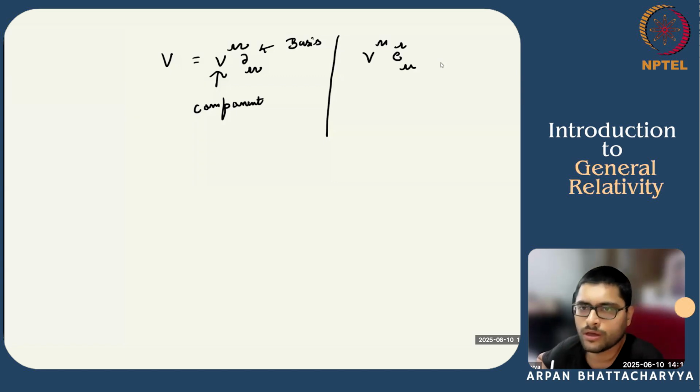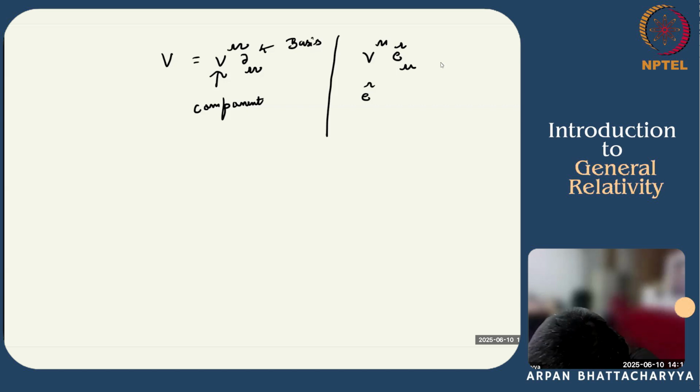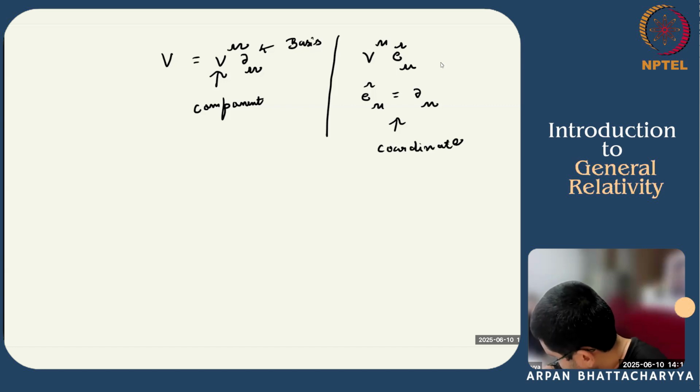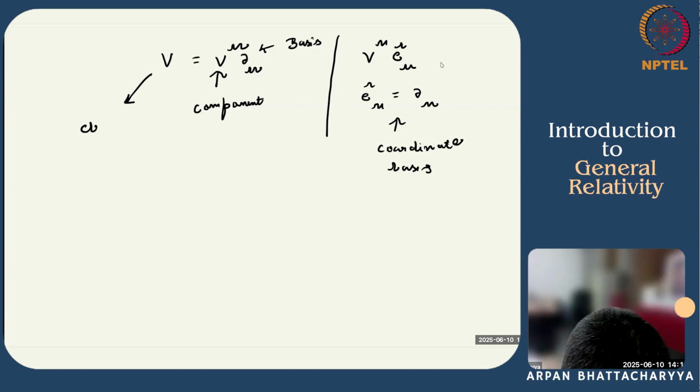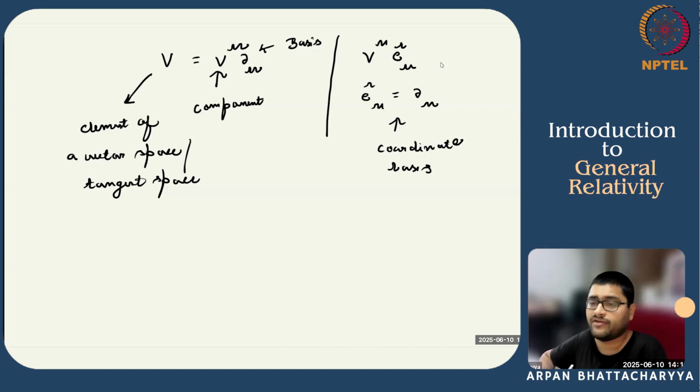But in most of this course, we will focus on the coordinate basis e mu, and this is an element of the vector space which lives at the tangent space at every point.